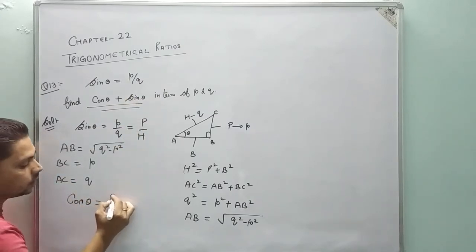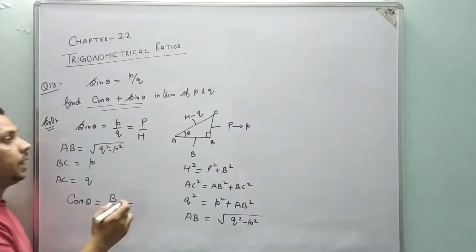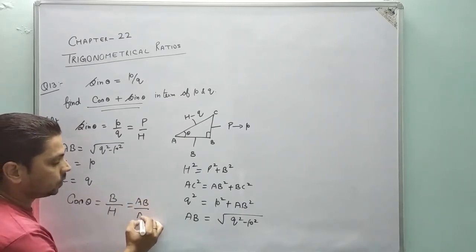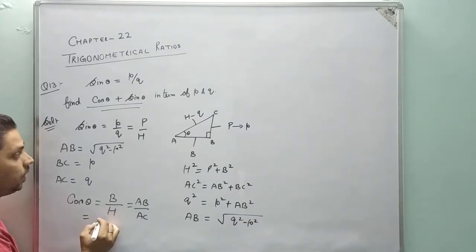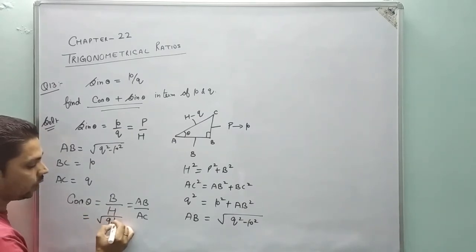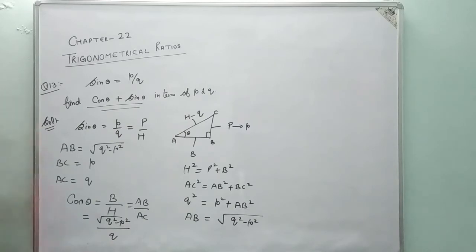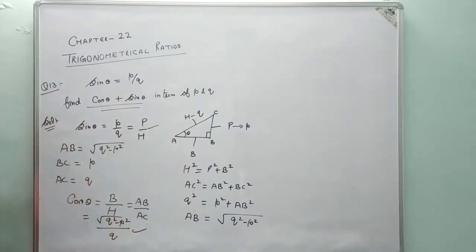Cos of theta is base upon hypotenuse. Base is AB upon hypotenuse AC. So cos of theta is square root of Q square minus P square upon Q, and sine of theta we already have, P upon Q.